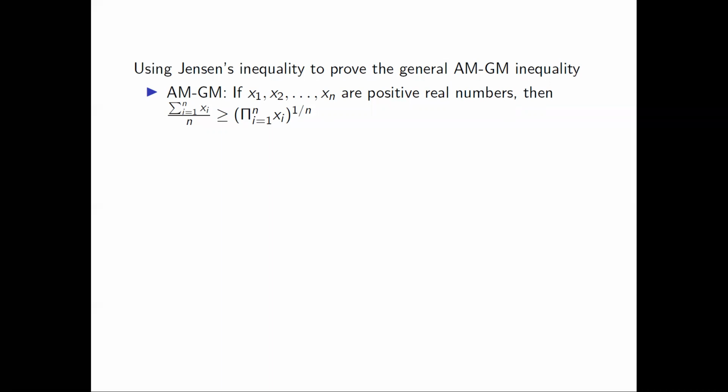The more general one, which is stated here, says that if x1, x2, up to xn are positive real numbers, then the sum from i equals 1 to n of xi divided by n is greater than or equal to the product from i equals 1 to n of xi raised to the 1 over n. In other words, the arithmetic mean of the xi's is greater than or equal to the geometric mean of the xi's.